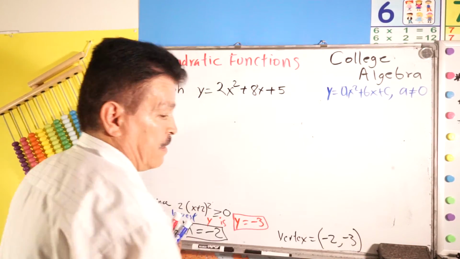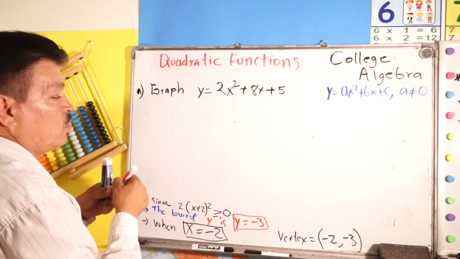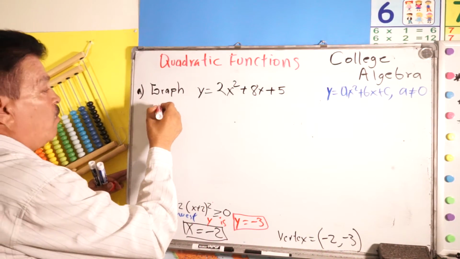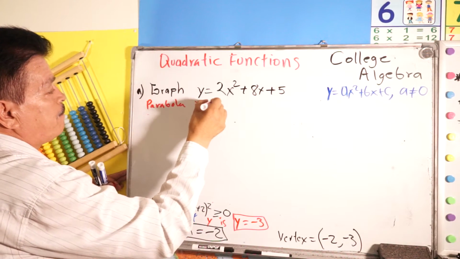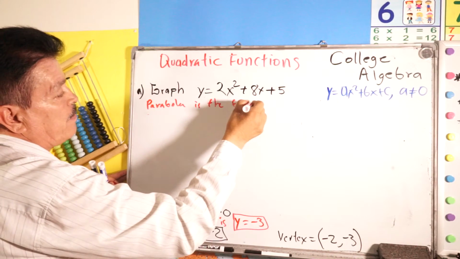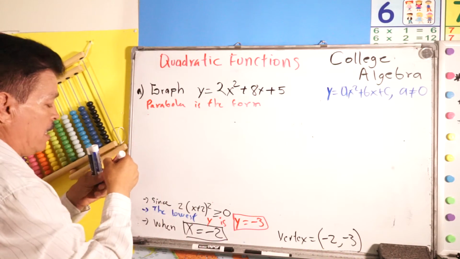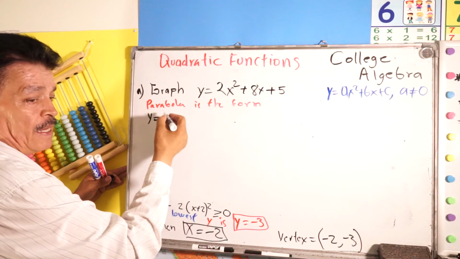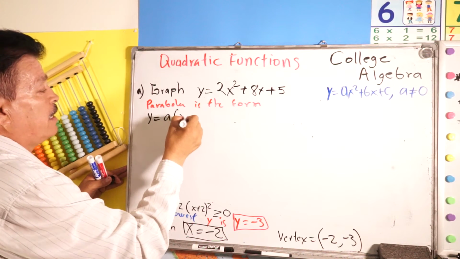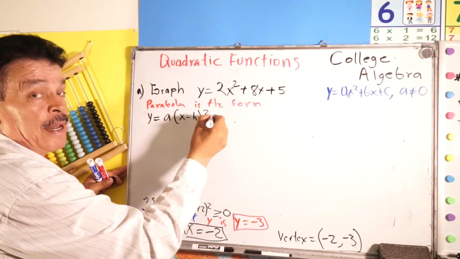The parabola information that we needed to know here: the form of a parabola is y equals a(x minus h) squared plus k.